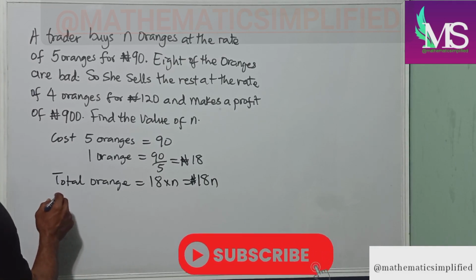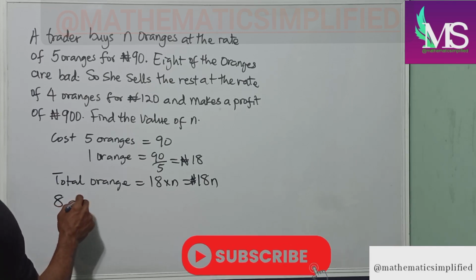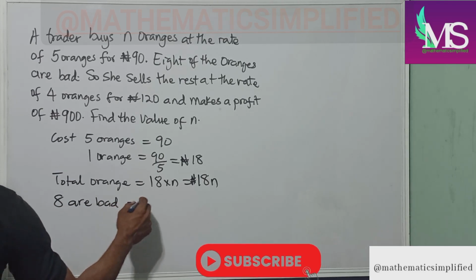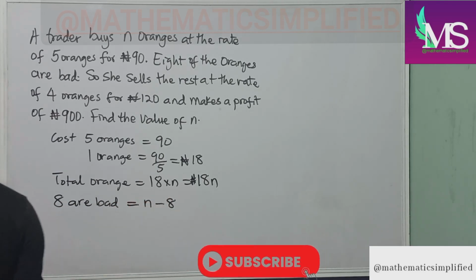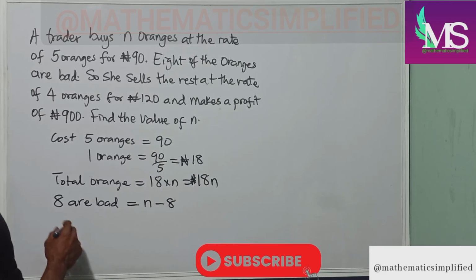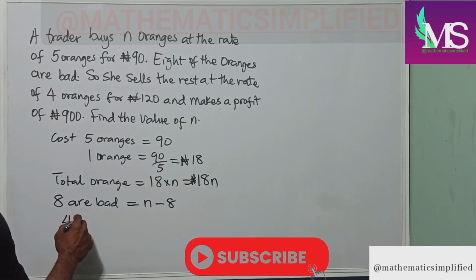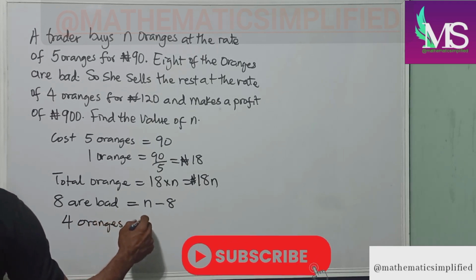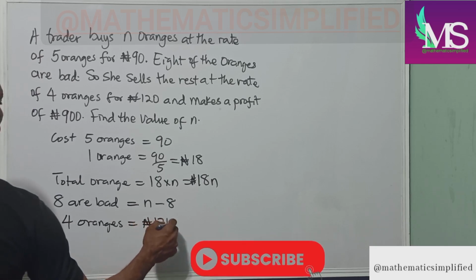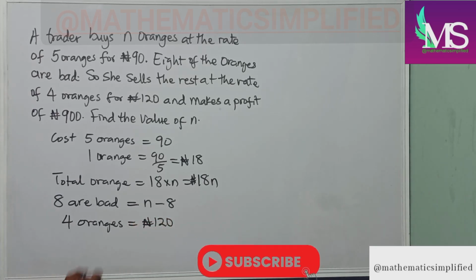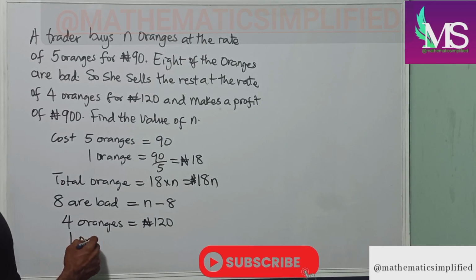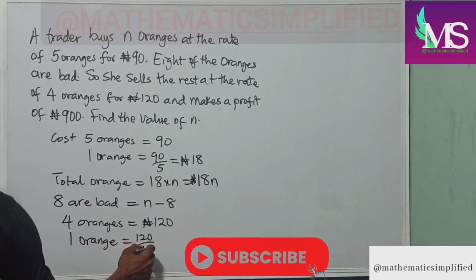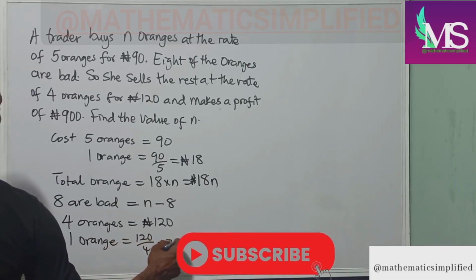Now we are told that 8 are bad. Out of the entire oranges, 8 are bad. So the good ones will be n minus 8. Okay, and she sells 4 oranges for 120. Okay, that means one orange goes for 120 divided by 4, which is 30 naira.